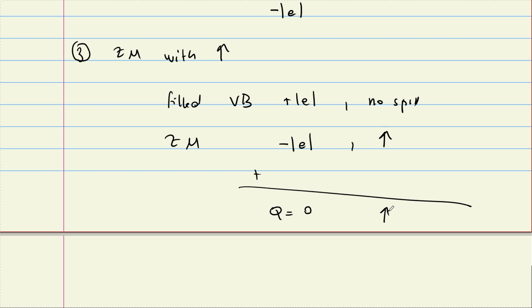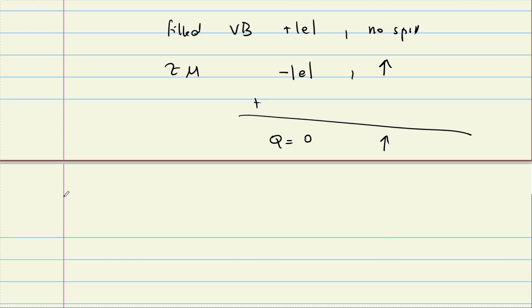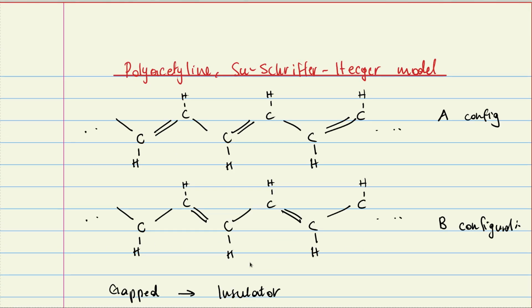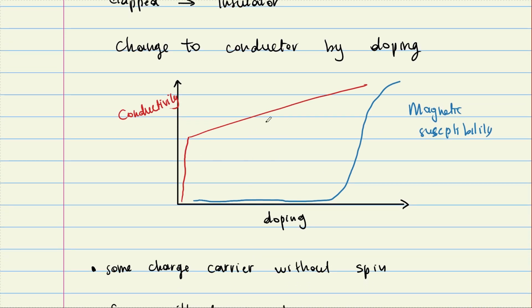It's a little bit too many things to consider, but it's really just adding up numbers. So we split the electron and separated charge and spin, and that's the reason for this experiment in the beginning, right? So you can have charge without a spin, or you can have spin without a charge.